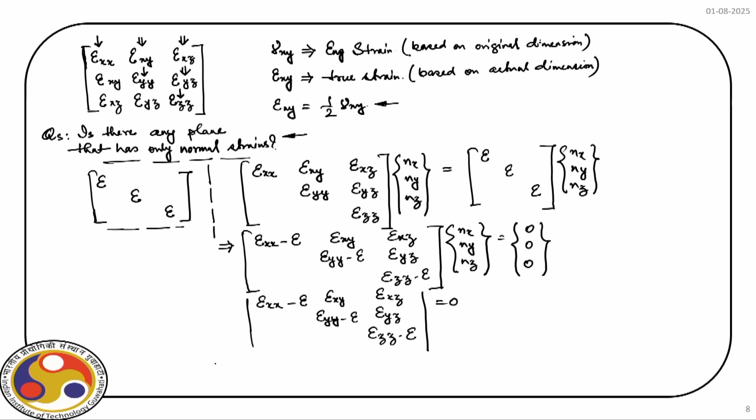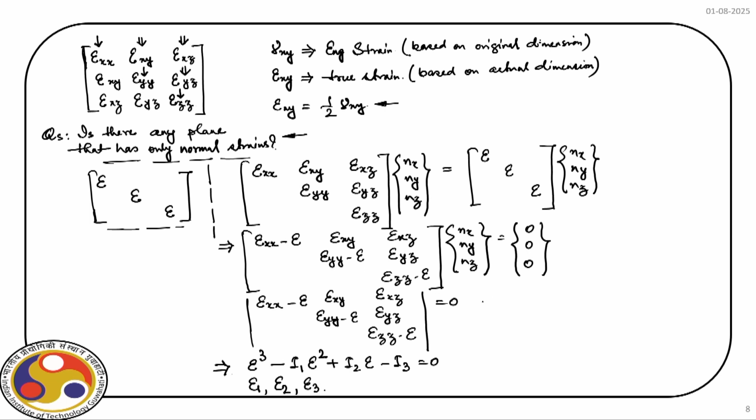And if we simplify this expression, again we will get a similar equation with 3 strain invariants this time. And then once we solve this equation, we will get 3 principal strains, epsilon 1, epsilon 2 and epsilon 3, right.